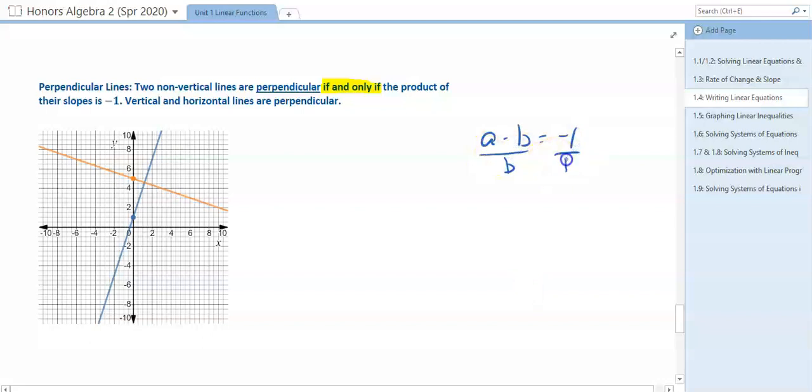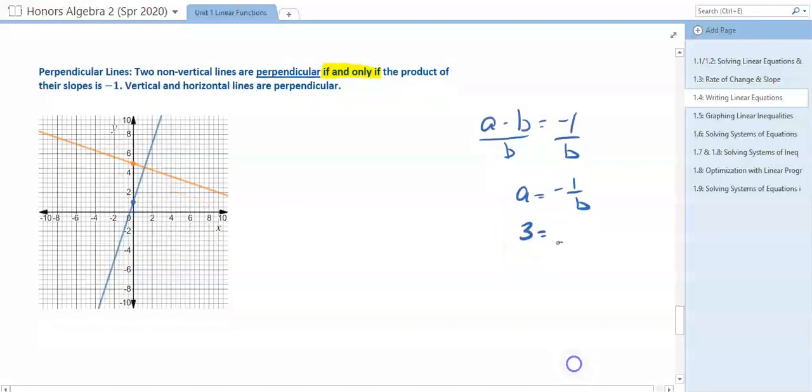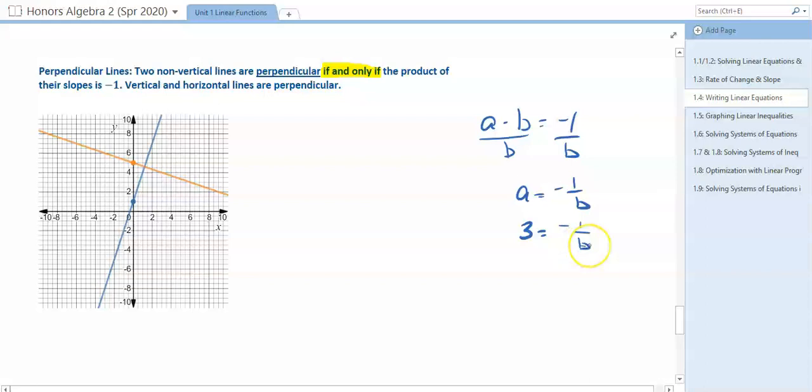I can divide both sides by the A, and I get that B is equal to -1 over A. Well, this starts to get us into thinking about how would I get this fraction? Well, let's try some numbers. If I've got the number 3 in for A, -1 divided by what gives you the B, right? So now I need to solve for B.